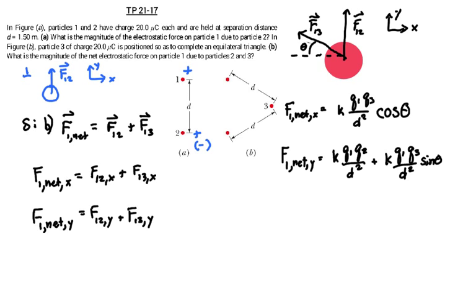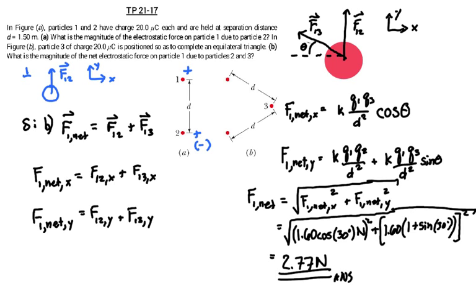And because I'm looking at the vertical component compared to this angle, I'm going to use my sine trig function. Now our task is to calculate the magnitude of the net electrostatic force. So if we're looking at the magnitude, then we need to square our x and y components, then add them together, and take the square root of that sum to get our net electrostatic force on particle 1.